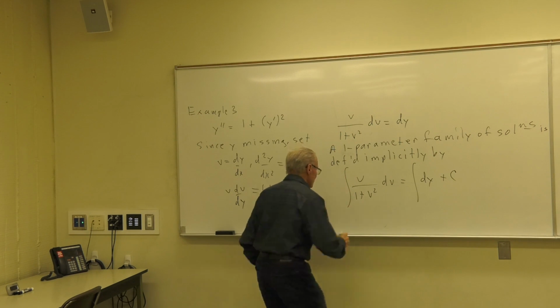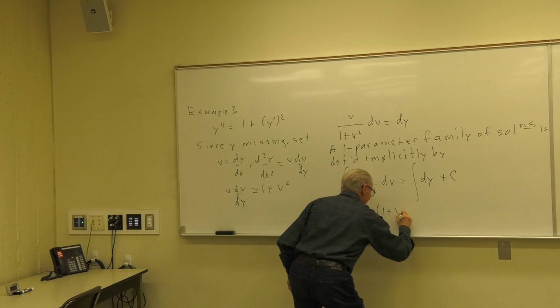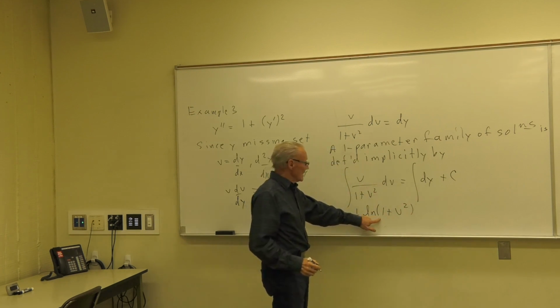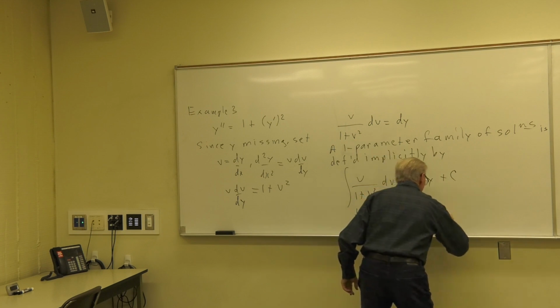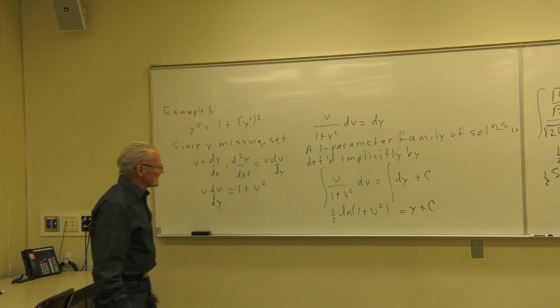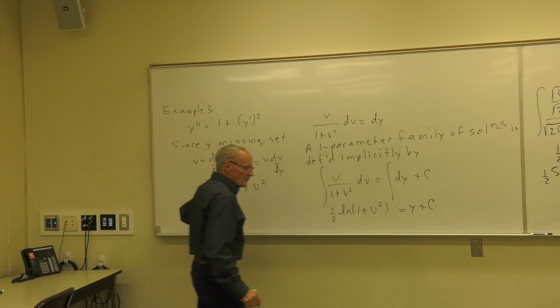If we do this one, that's a logarithm. The logarithm, I guess I don't need absolute values because clearly that's always positive, is equal to y plus c. How does that look? Right? Need to solve it for v.